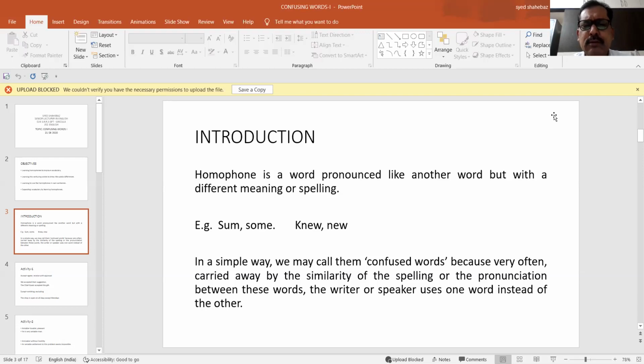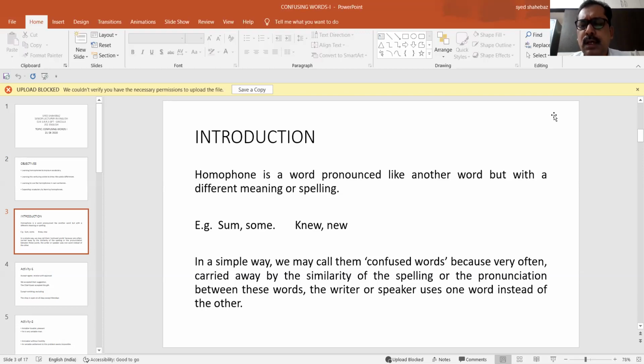In a simple way, we may call them confused words because very often, carried away by the similarity of the pronunciation between these words, the writer or the speaker uses one word instead of the other. These words are called confused words or confusing words because of the striking similarity in pronunciation and to some extent in spelling.